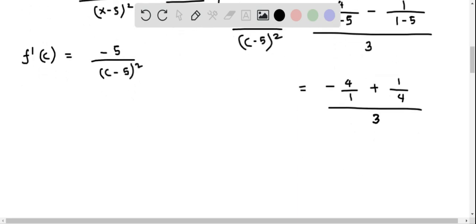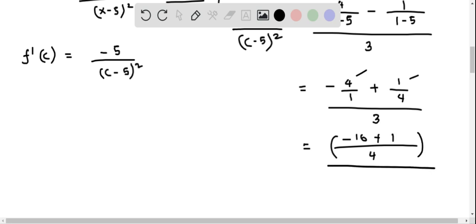Let's simplify the numerator fraction. So here the common denominator is 4, and then this has to be multiplied by 4. So it becomes negative 16. And this numerator 1 is multiplied with 1, so it becomes 1. So this is how we simplify the numerator fraction. This one divided by 3.